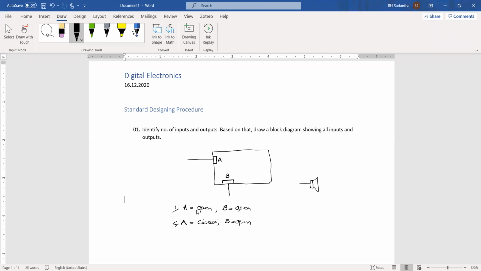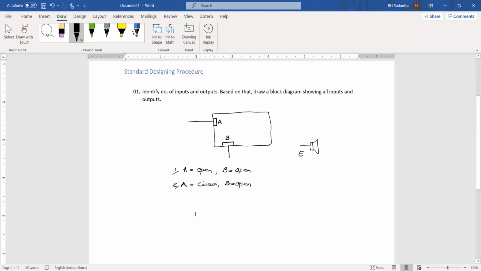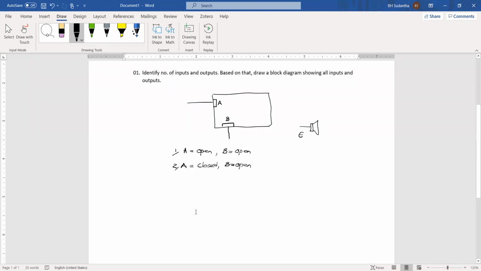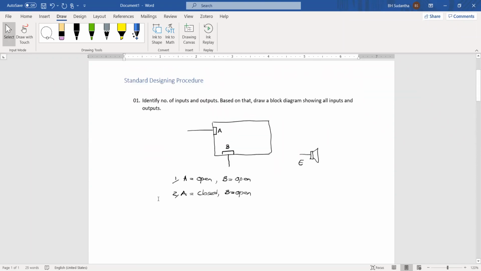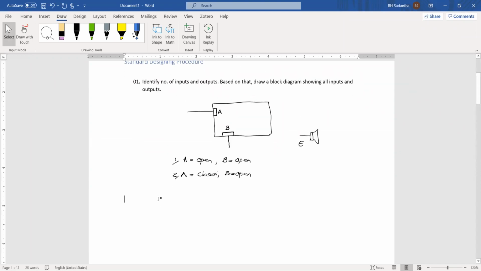The alarm we can call E. Okay, this is the problem. Okay, now this is our problem.